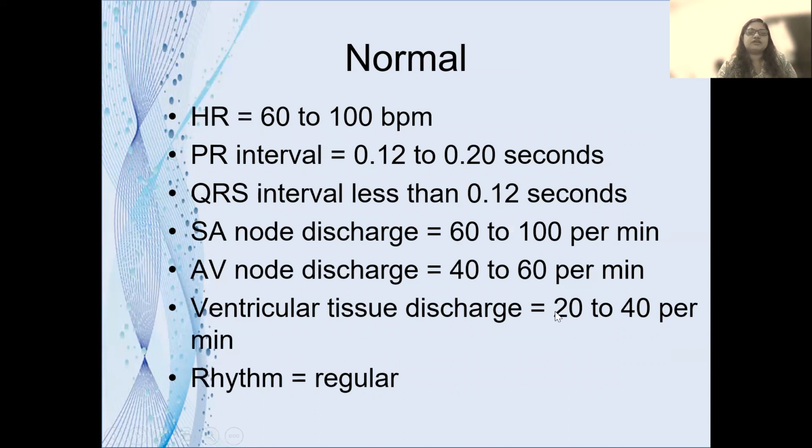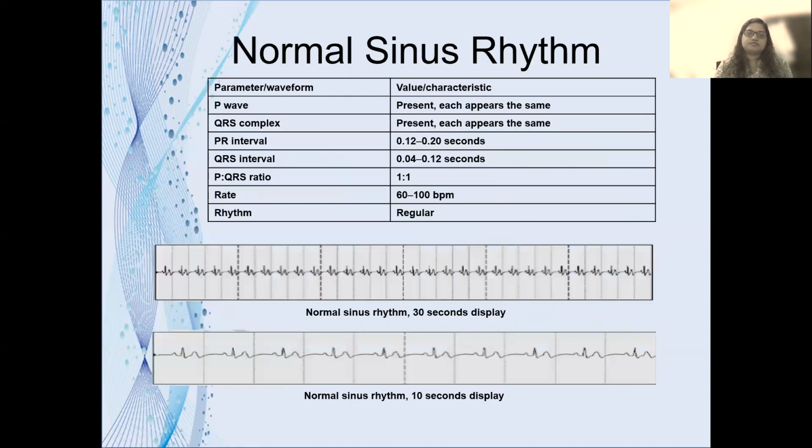There can also be impulses from the ventricular tissue itself, which gives an even lower rate of 20 to 40 beats per minute. And when we say normal, the rhythm has to be regular. You have the PQRST, and again the PQRST. The rhythm has to be regular, as you saw in the picture.